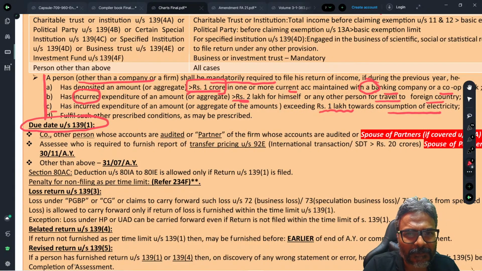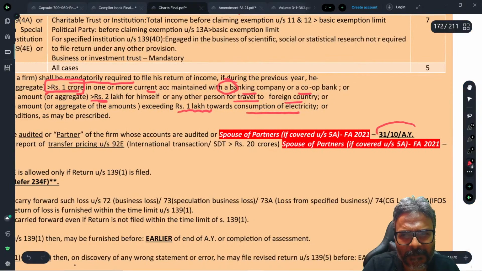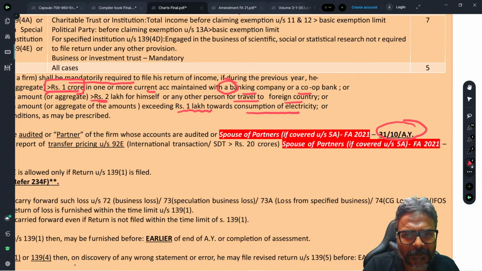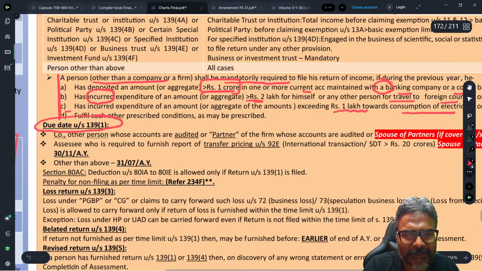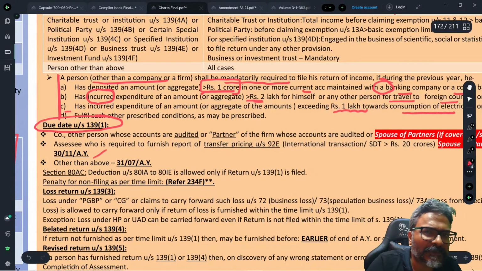In this particular context, students, we can say that supposing the due date is 31st of October. If it is 31st of October, then in that case, the 30th of September will become the due date to file those reports. Same is the case with transfer pricing.